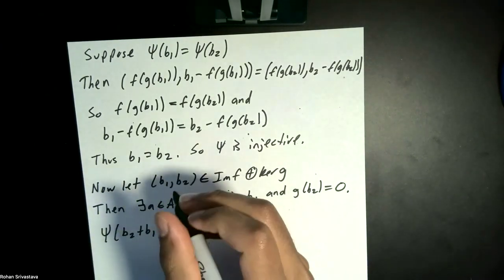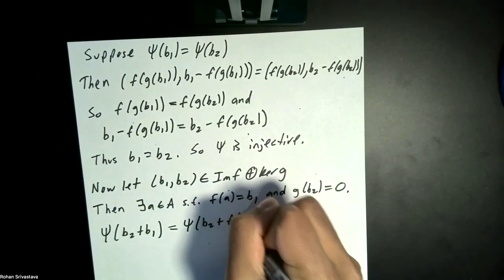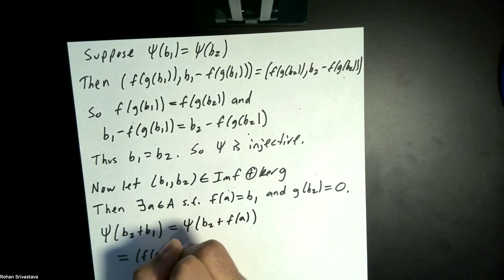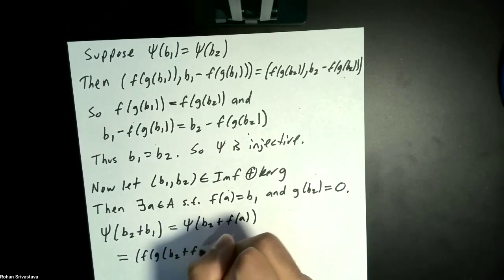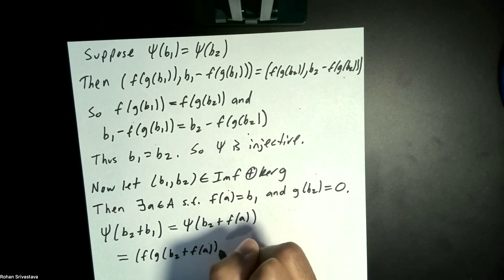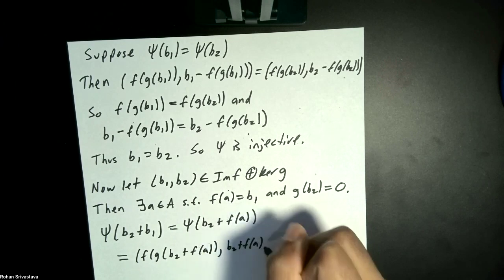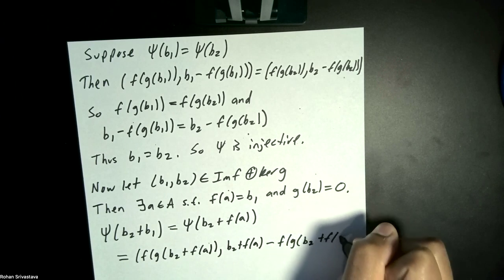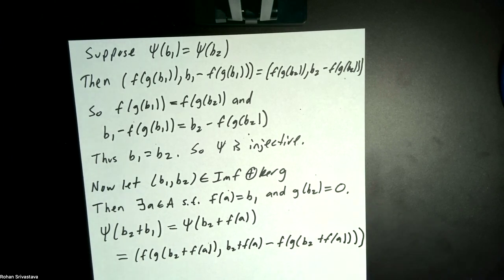Well, psi of B2 plus B1 is the same as psi of B2 plus f of a, because B1 is f of a, and that is equal to f of g of (B2 plus f of a), comma, B2 plus f of a minus f of g of (B2 plus f of a). The parentheses are a nightmare here, but I think that's the correct number.